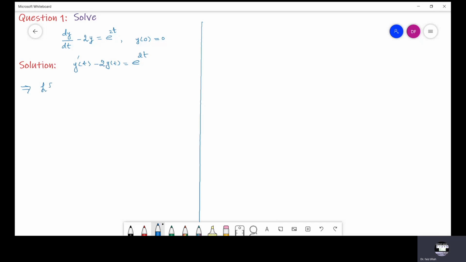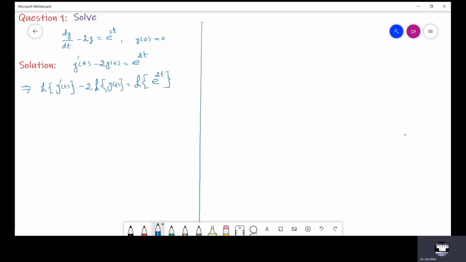So Laplace transform of y dash of t minus 2 Laplace transform of y of t is equal to Laplace transform of e power 2t. So the first step is to take Laplace transform of each term.